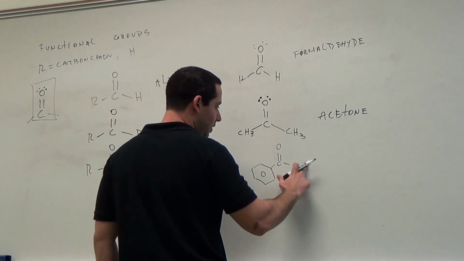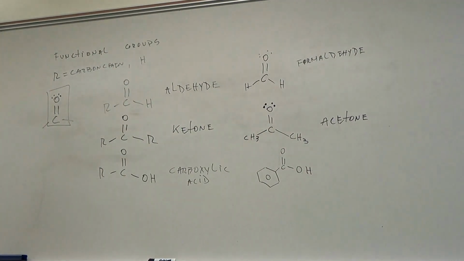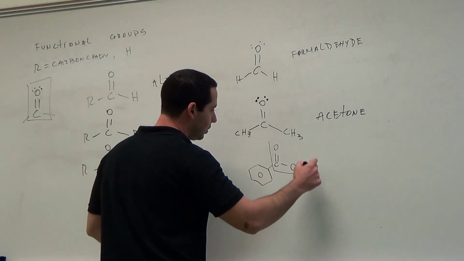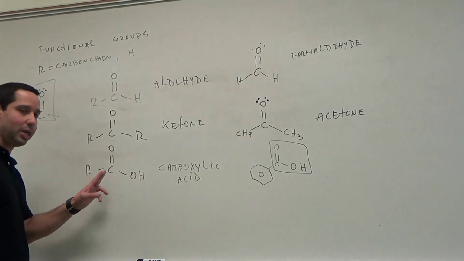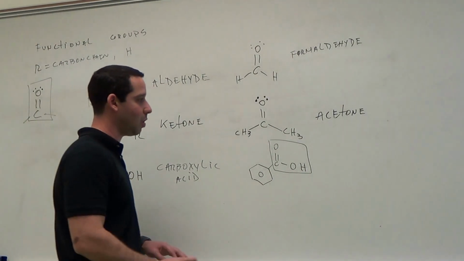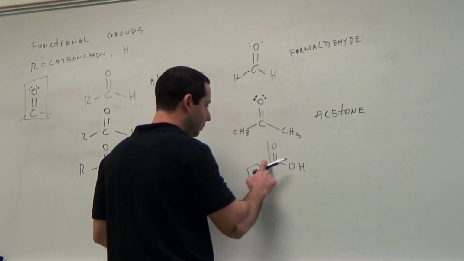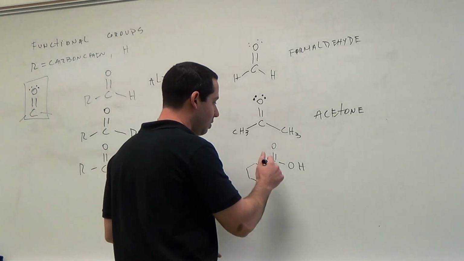Benzoic acid, acidic or basic? Acidic, that's why it's called benzoic acid. And on top of that, it has this here, which is called a carboxylic acid, yes? So all carboxylic acids are acidic. If it releases that H+, this is why it's used as a preservative, because it will acidify and bacteria won't live in it.